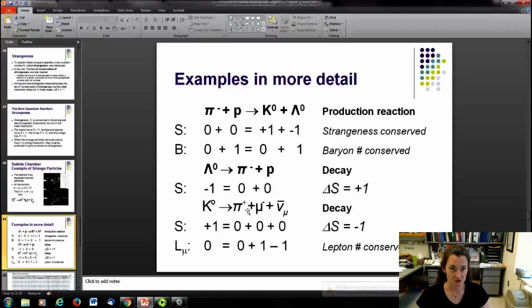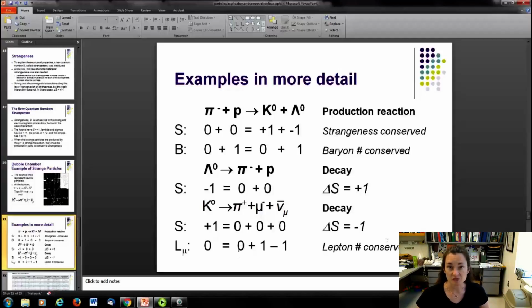And then the pion, as we've already discussed, has a strangeness of 0. So that means your strangeness number has gone from +1 to 0, so that means it's dropped by 1. So delta S is -1. So yet again, this is a decay, and oftentimes decays are dictated by the weak interaction. Many decays are, and so you see that you have a delta S of -1 via the weak interaction.